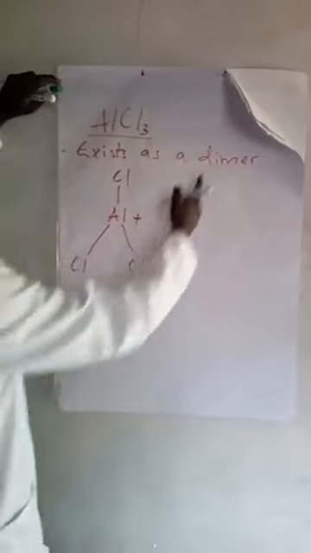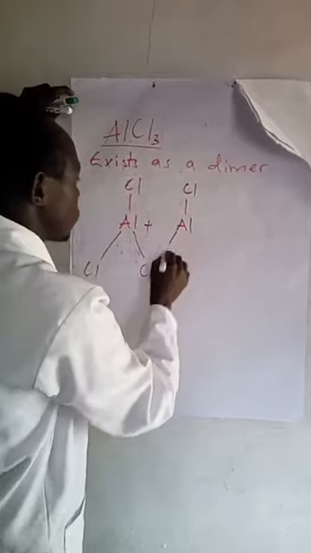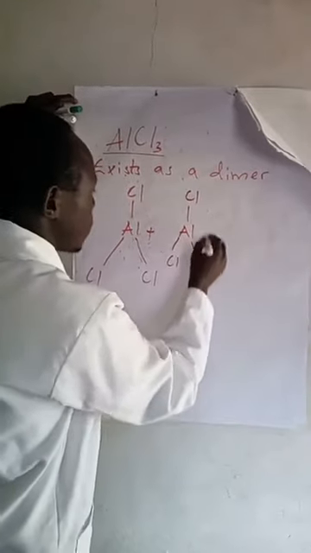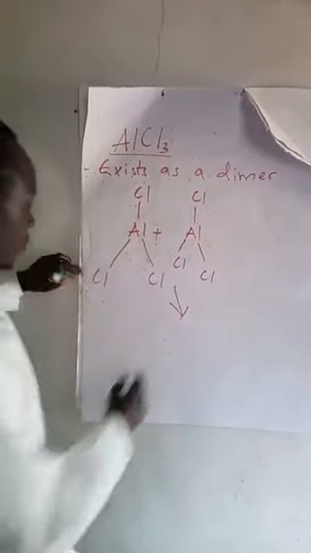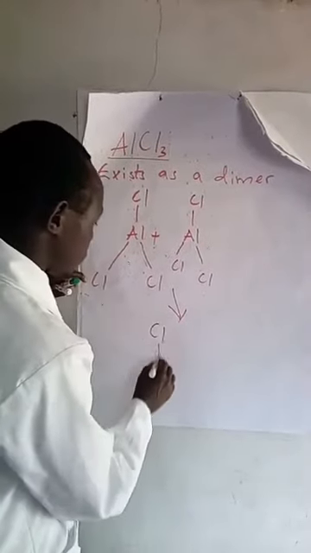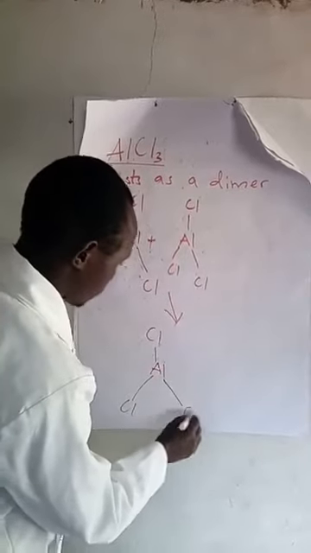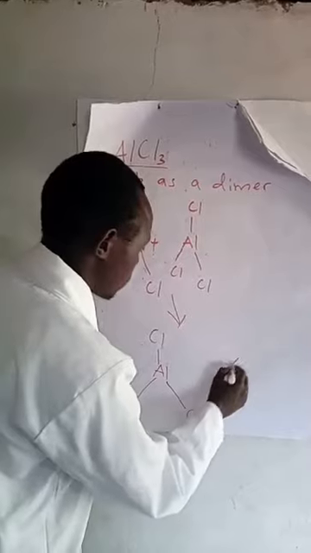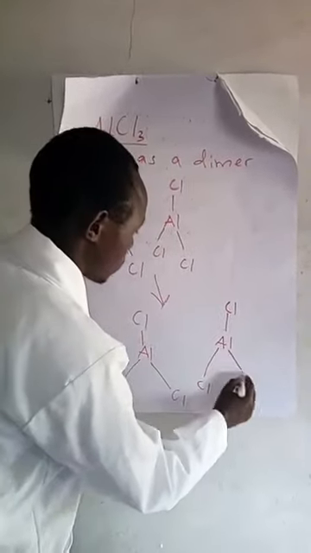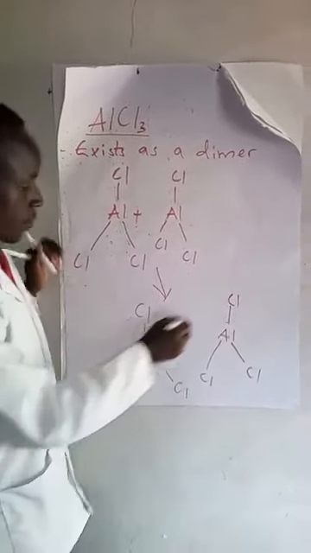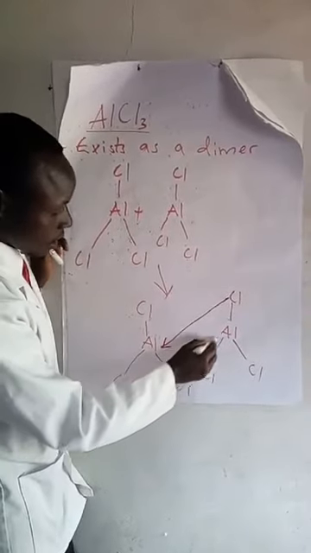Forming a dimer, you have another molecule of the same kind. Now these two combine to form this kind of a compound. So aluminium attracts to chlorine like that.